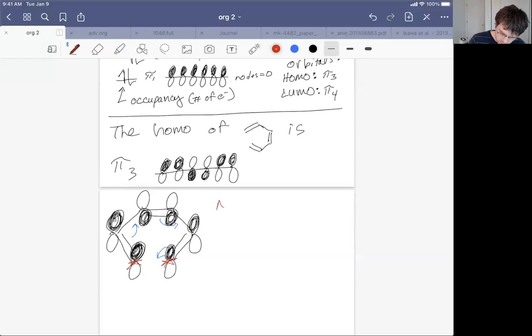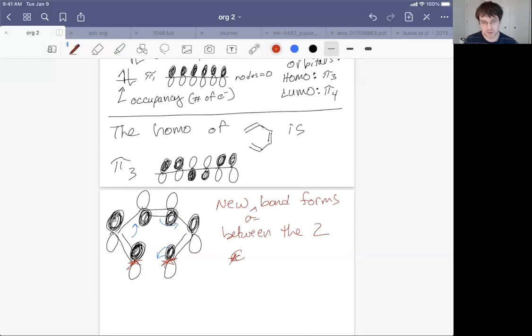So the new bond forms, and it's not just any bond, it's a sigma bond with head-to-head overlap. The new sigma bond forms between the 2 carbons with stars. Okay? So between C star and C star, how do we get head-to-head overlap to occur?